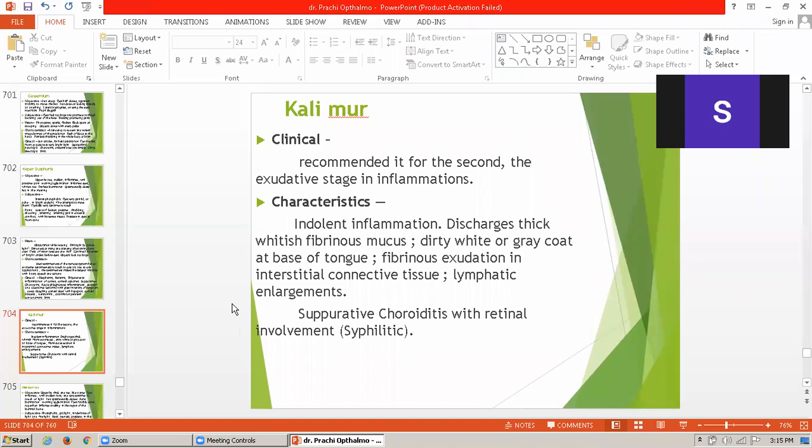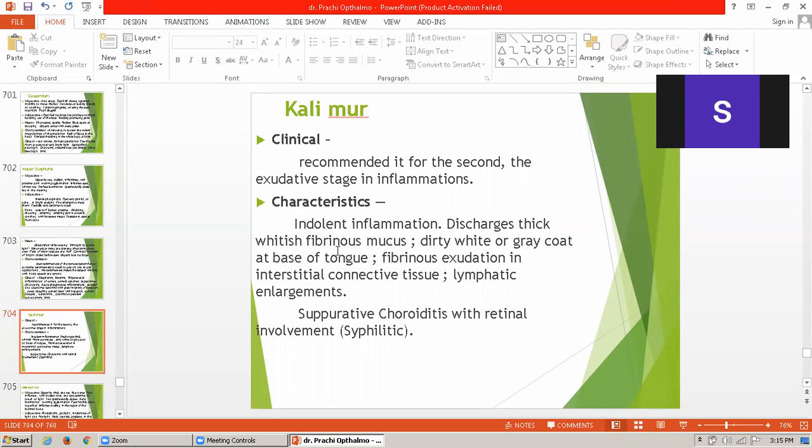Kali mur. The next remedy is Kali muriaticum. It is recommended in the exudative inflammation of the uveal tract. It is useful in the exudative stage of the inflammation. Characteristics: indolent inflammation.